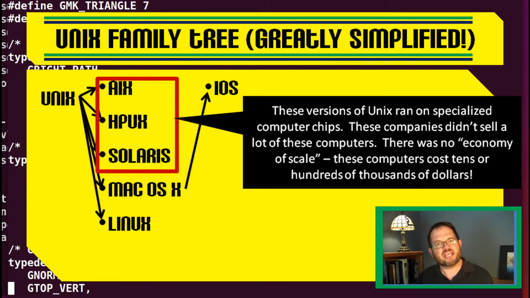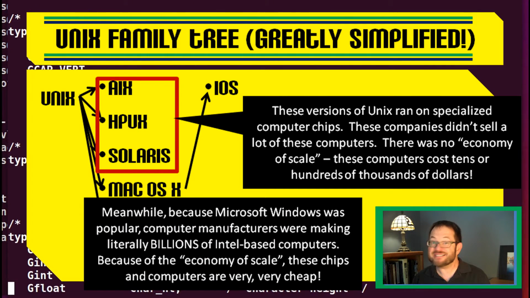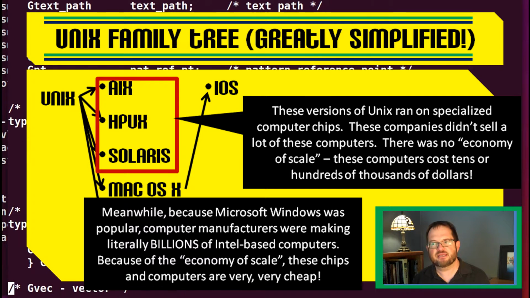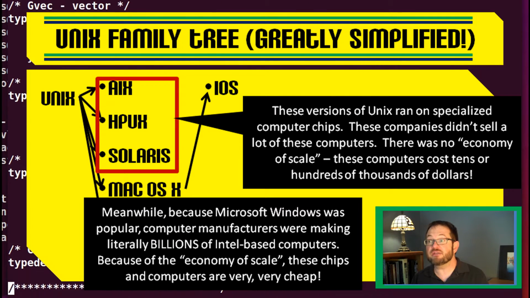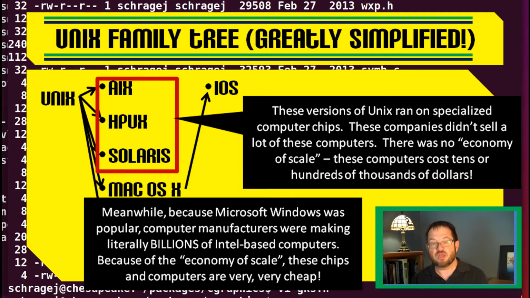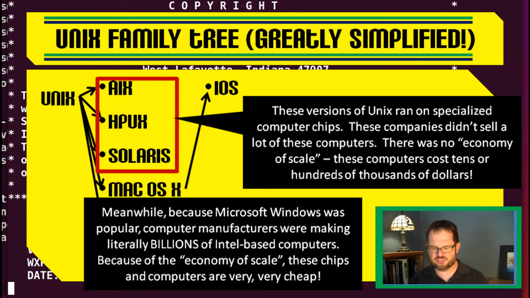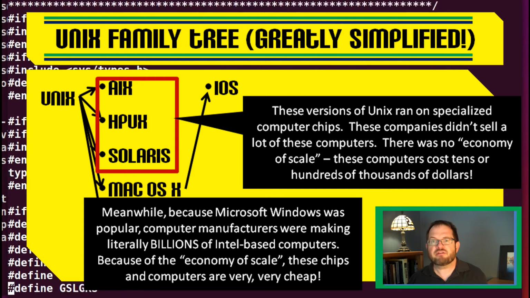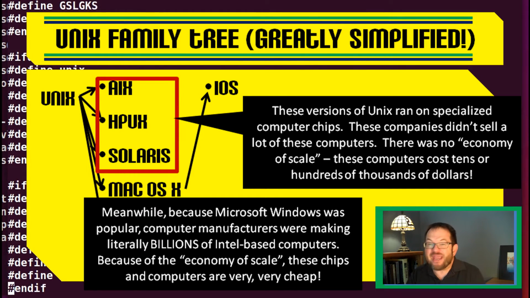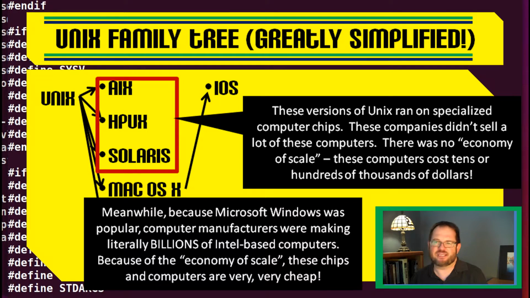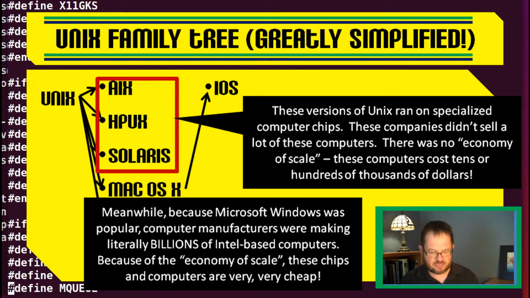But there was one segment of the market where the price had come down to basically nothing, and that was PCs. I mean, because there are literally billions of PCs out there, those kind of chips made by Intel and by AMD and other cloners are everywhere. The world's awash in those chips. They're basically free. Yes, they cost something, but they cost practically nothing.